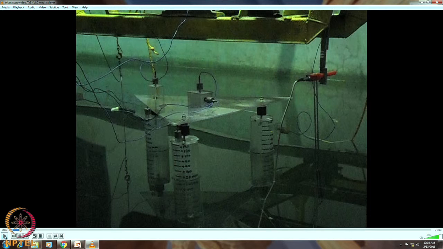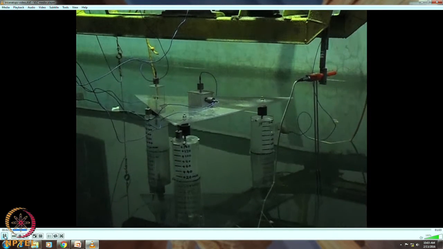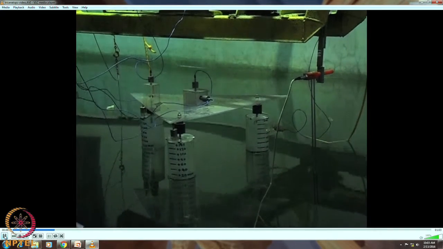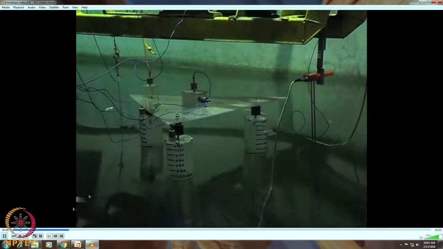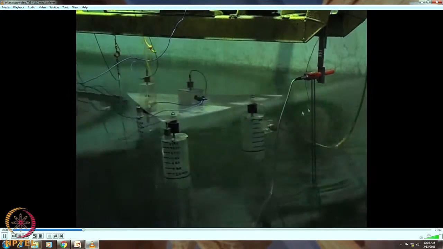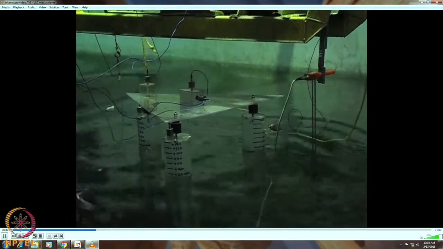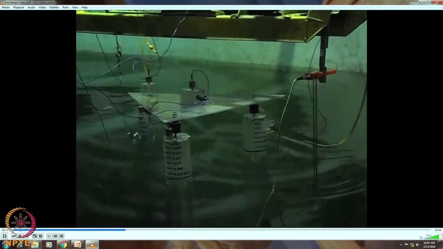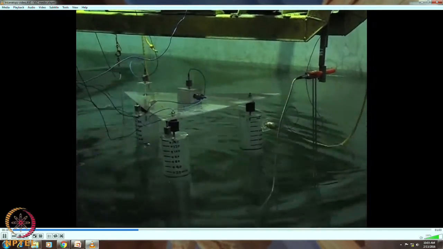So, let us see, for a given system of forces, let us say lateral loads, the BLS you can see are moving and rotating, but the rotation is not transferred to the deck. However, when there is a surge motion of the BLS, the whole platform is in surge motion.